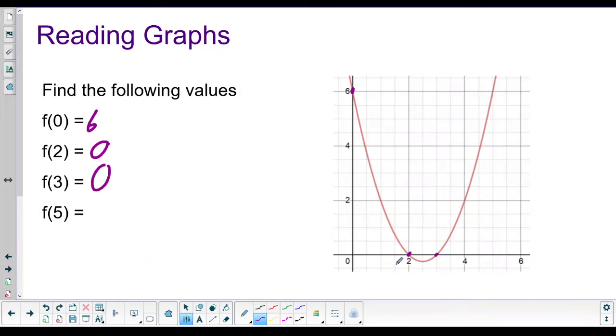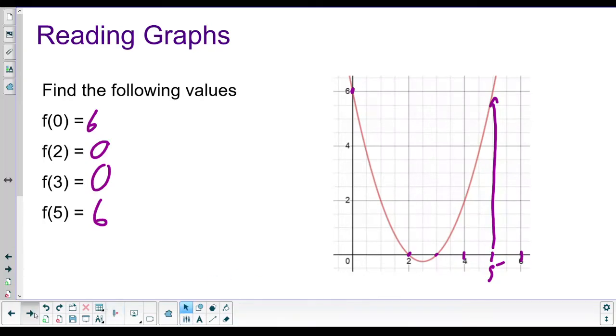Incredible. F of 5, oh, Barton, there's no 5. This is where you use your power of inference. So here's 4, here's 6, 5 is halfway in the middle of that. So there's 5. Go all the way up, you're back at 6. All right, so that's how you read graphs. Go to the x value, go straight up or down, and then ask, how high am I?